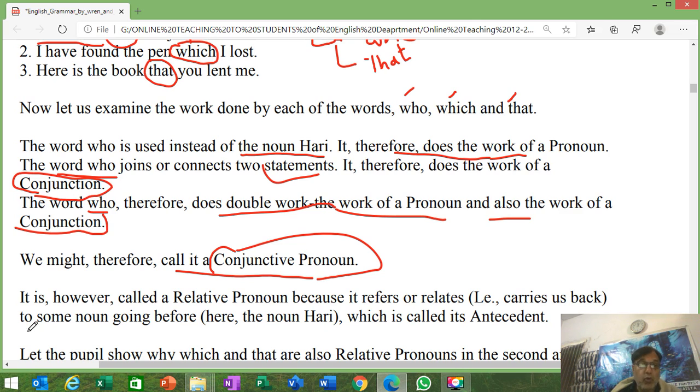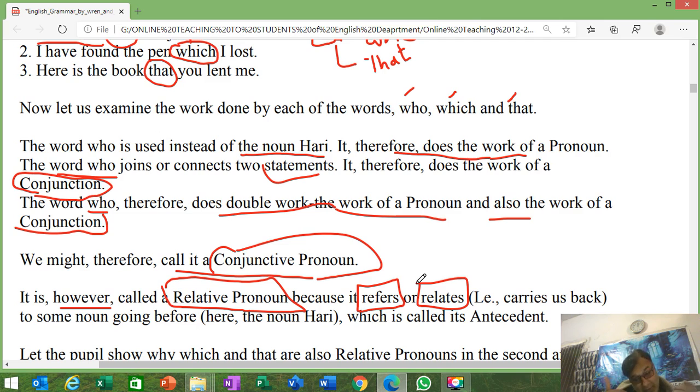All right. So it is, however, called a relative pronoun, because it refers or relates. The focus here is on the word refers or relates, because if you look at who, which, and that, it relates that part of the sentence which comes after it to the previous part of the sentence.